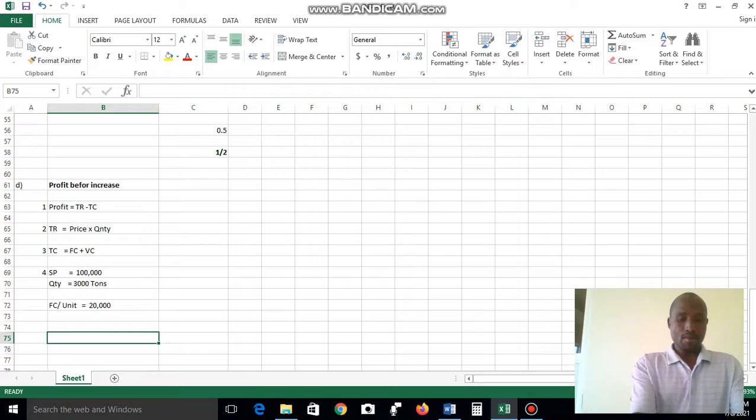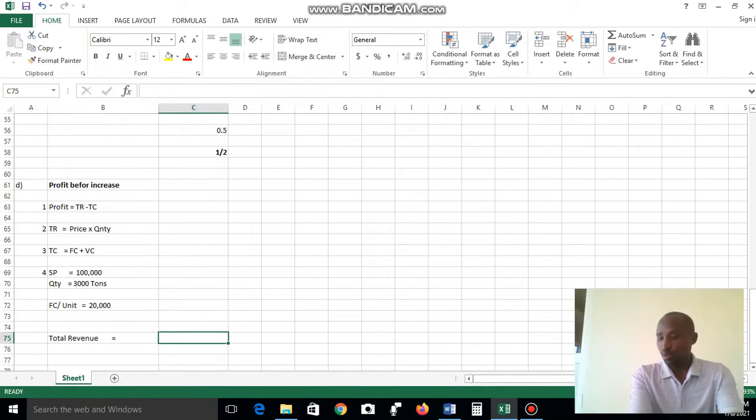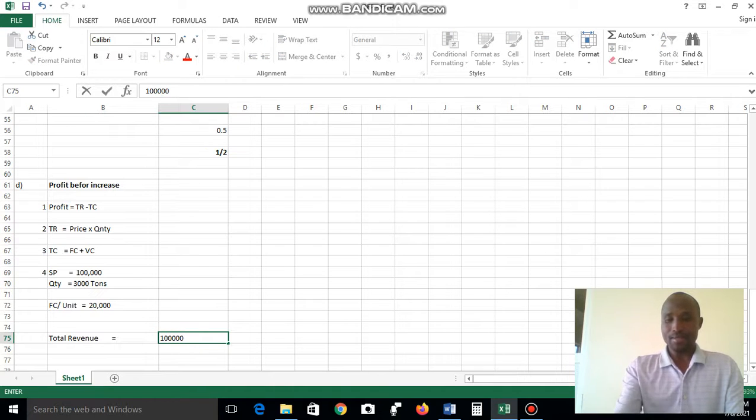Given that, let us compute our total revenue. We said total revenue is equal to selling price times quantity. Our selling price is 100,000 times the quantity, which is 3,000.